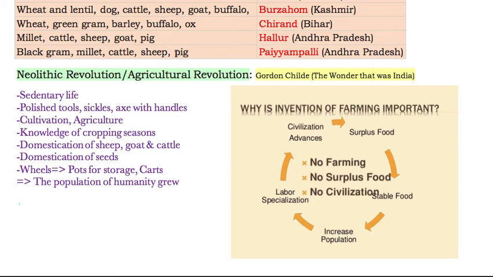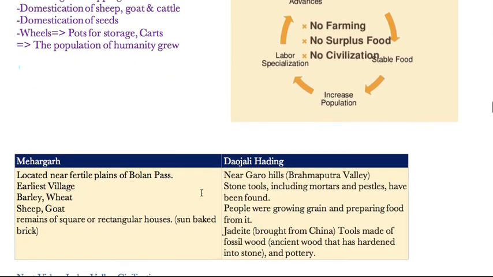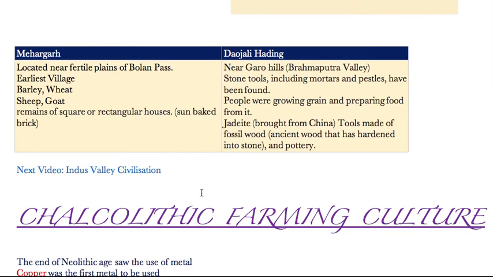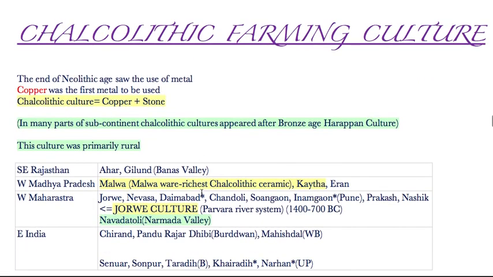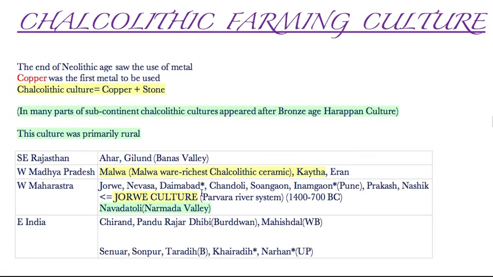One more phase which can be seen as a prehistoric phase is our Chalcolithic phase. That we are going to deal with today, and we'll also see the basic introduction of Indus Valley Civilization, and after that in the next video we will deal totally with the Indus Valley Civilization. Okay, so if you have not watched our first video, then I will suggest watching the first video first.